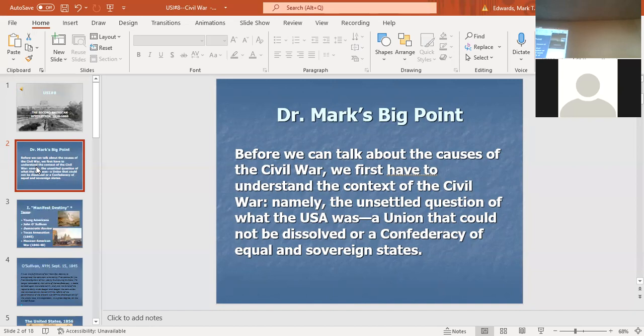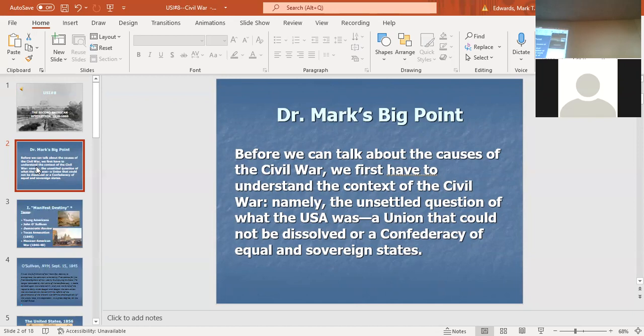So that's one, but even there, it's not like the South needed to secede from the Union just because Lincoln was elected, right? They chose to, and it's not like Lincoln had to hold the Union or preserve the Union, he chose to. So there are many different levels at which we can answer this question. I want to help us understand the broadest framework for why the Civil War occurred.